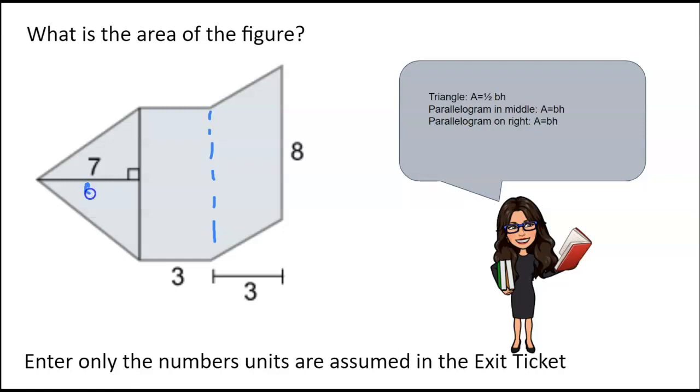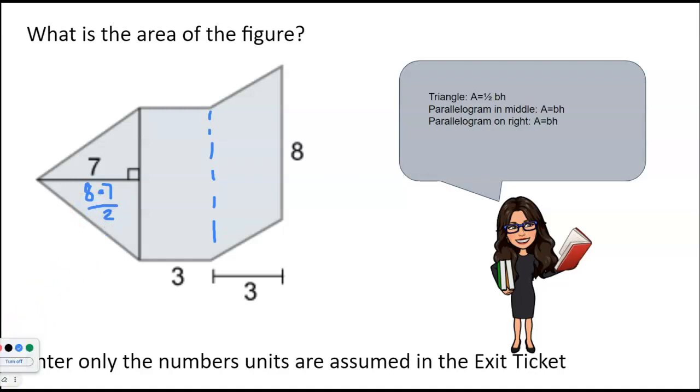So we could say 8 is the base. Notice that this base right here is the same length as this base, which is the same length as this base, because these are two parallelograms. So 8 times 7 divided by 2.